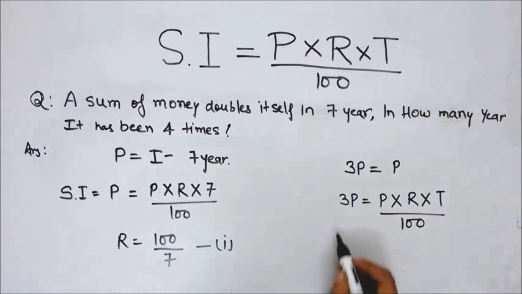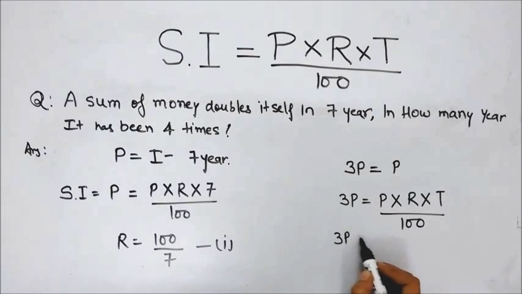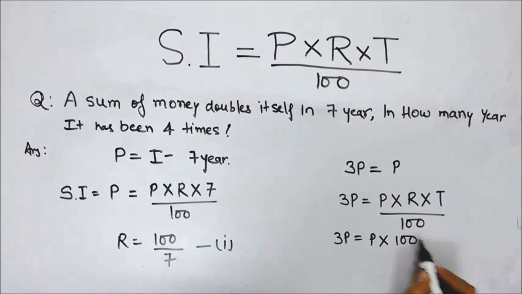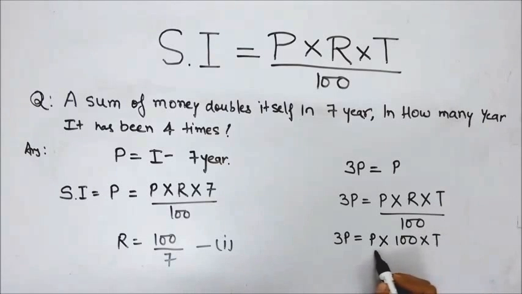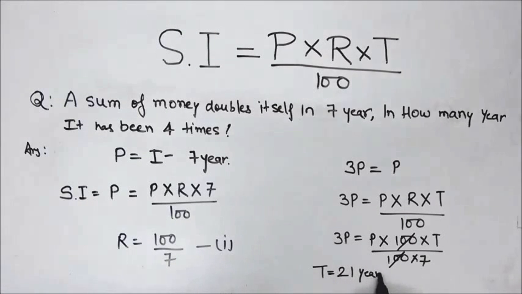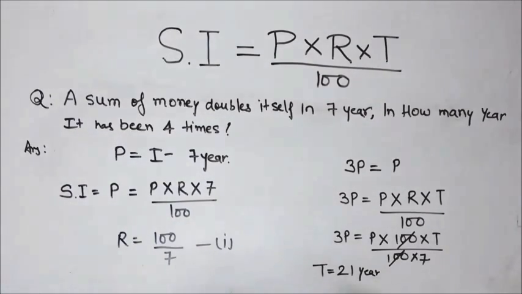We have the value of R, that is thrice of P is equal to P into 100 into T divided by 100 into 7. From here you can find the value of T, that is 21 years. In 21 years it will become 4 times.